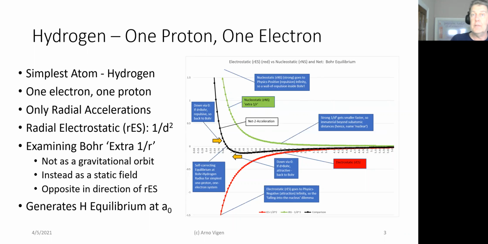And the other thing is it's always in the opposite direction. So while this one is an attraction, this one is a repulsion. Things come in these balancing sets in nature, and this is one of them. So attraction at 1 over distance squared and nucleostatic repulsion at 1 over distance cubed.